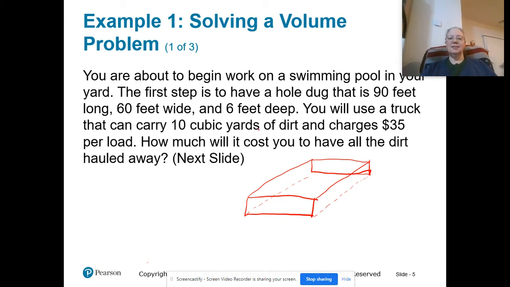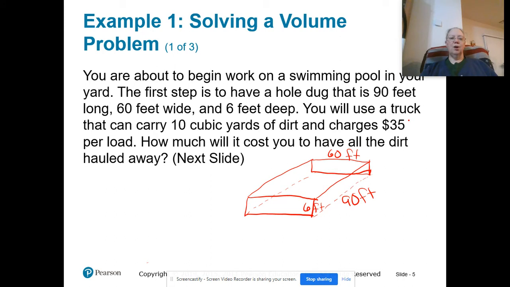It is 6 feet deep, so 6 feet right there. It is 90 feet long, and it is 60 feet wide.